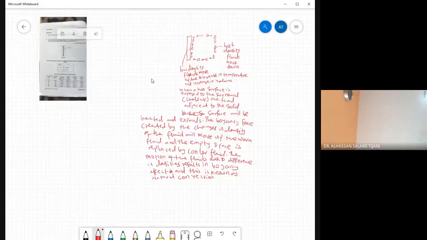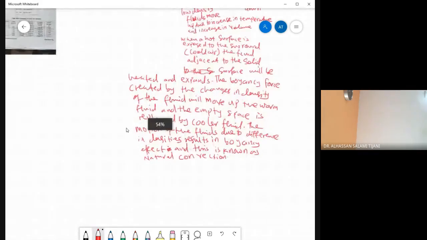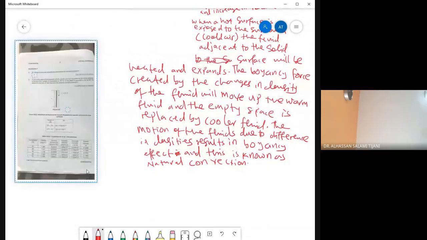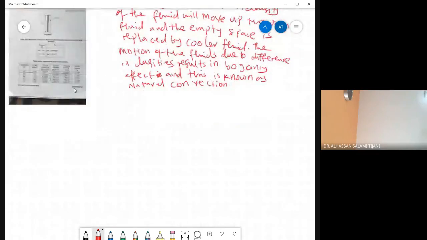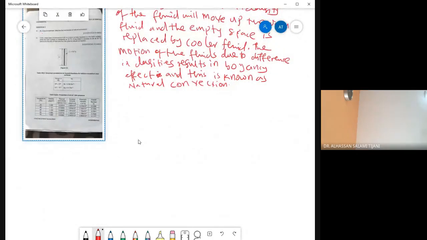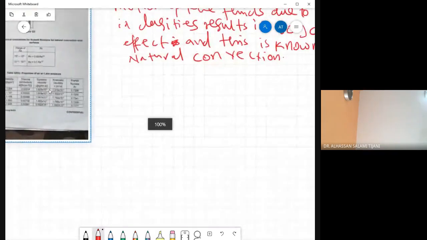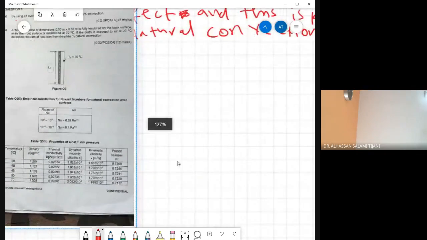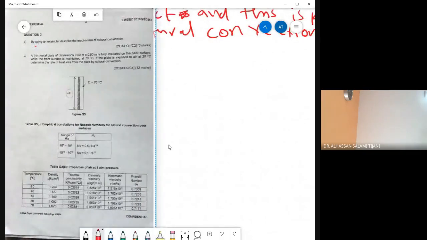Okay, so according to this question, we are told that a thin metal plate of dimension 0.5 meters by 0.5 meters is fully insulated on the back surface.